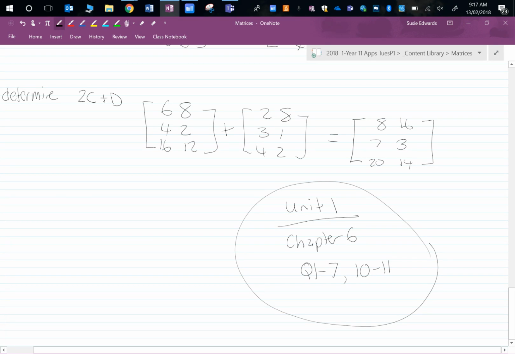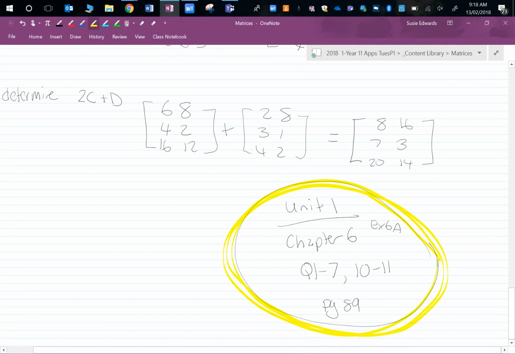Yeah. Exercise 6A, it must be exercise 6A. What page? 89? Page 89. Oh, it's the same for both books, actually, so that's all right. Can we get started? And if you have any questions, come and see me.